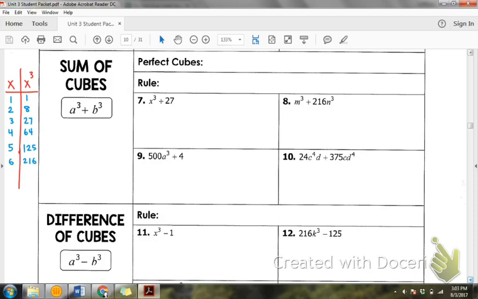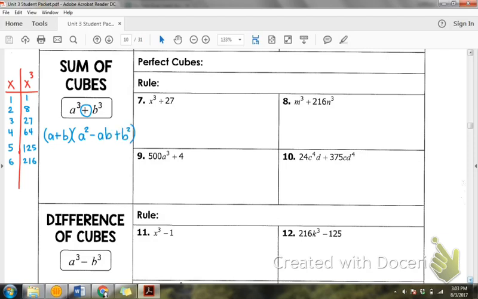Here's the rule for perfect cubes. Here's the formula. When you're doing the sum of cubes, that means you're starting with addition. So if it's an addition problem, that means you're going to use this formula. It says A plus B times A squared minus AB plus B squared.